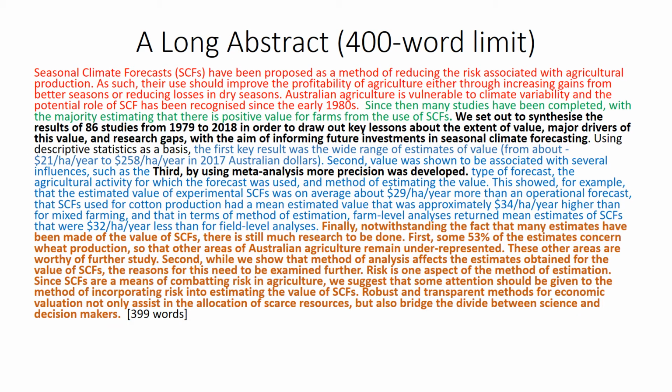Here's a long abstract. It's long because this journal has a 400-word limit. And here are 399 words. But again, you can divide them according to those 5 things. Context, red. Need, green. Method, black.